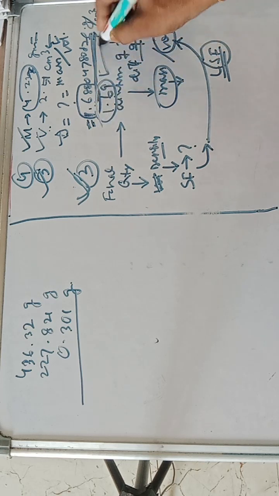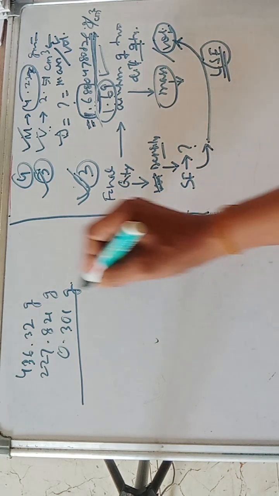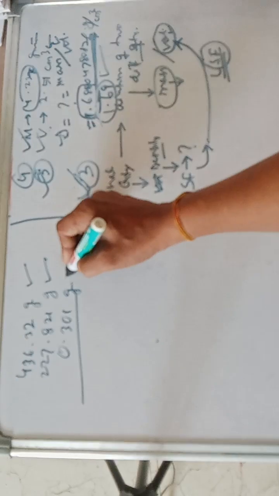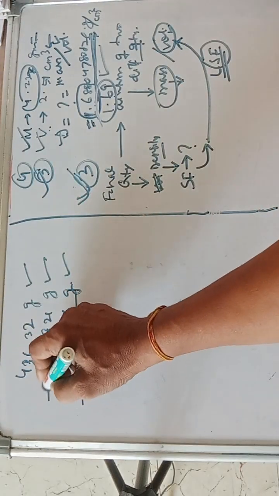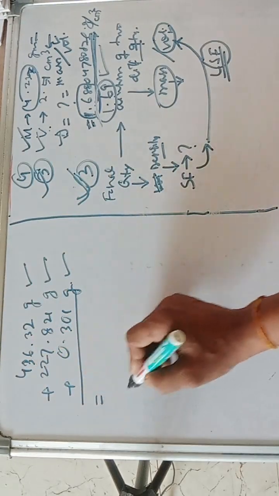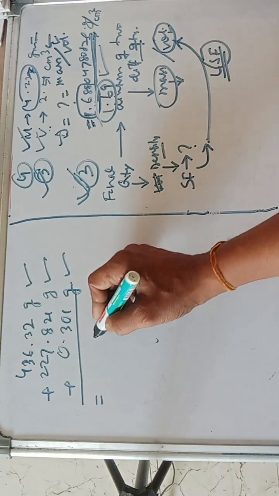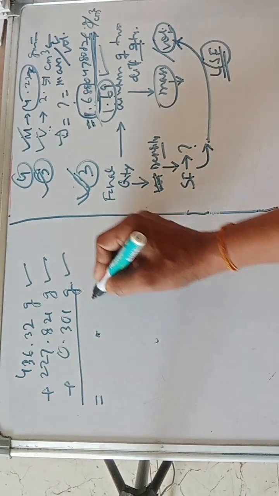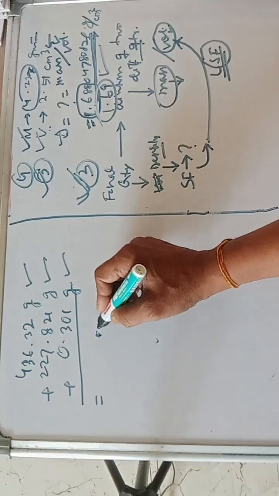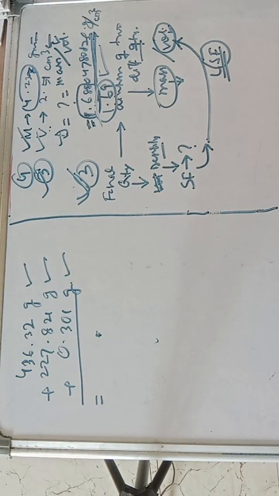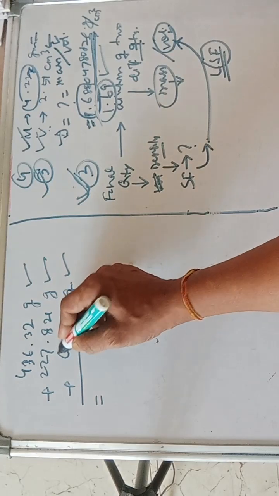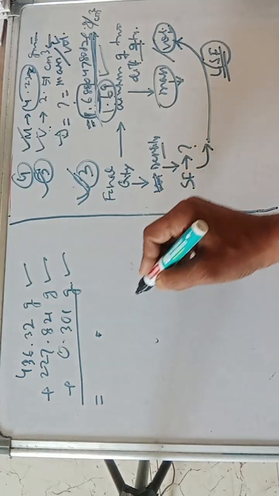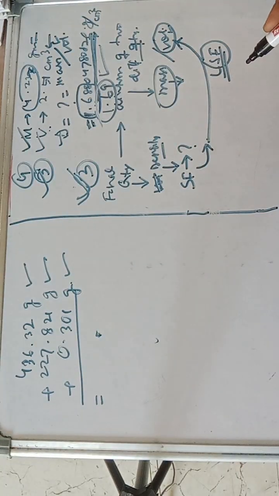We'll be writing that. Correct? In a similar way, suppose three numbers are given and all are added, the result will be determined by the number of digits after the decimal point.